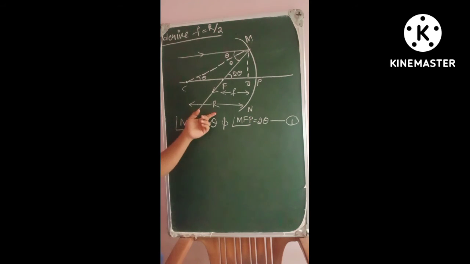In maths, you are going to study about sin theta, cos theta and tan theta. Now here, take the values of tan theta for both these triangles. That is, in triangle MCD, tan theta is equal to MD divided by CD.